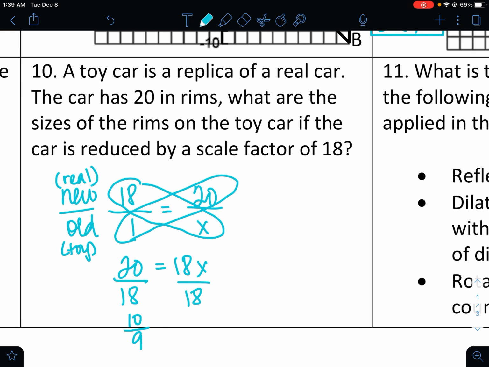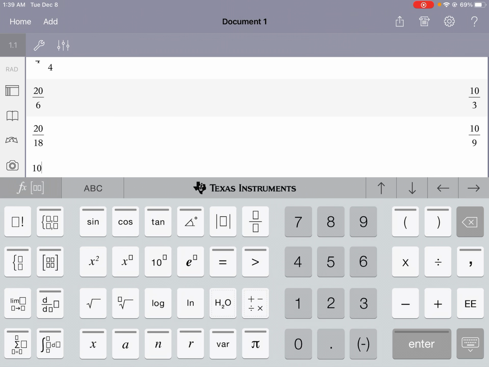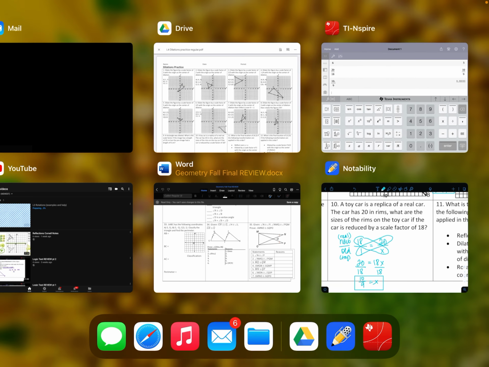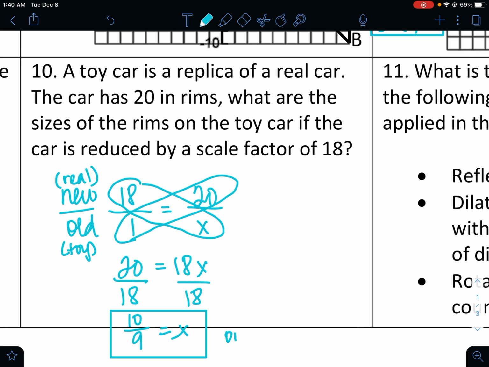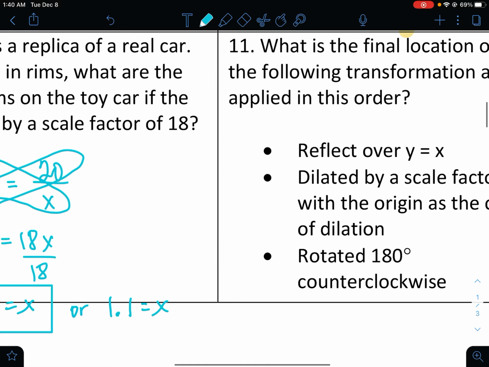So 10 over 9 equals x. If you want to change it to a decimal, just do 10 divided by 9, and it gives you 1.1. So you can also have it as 1.1 equals x.